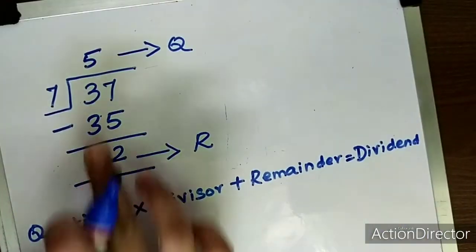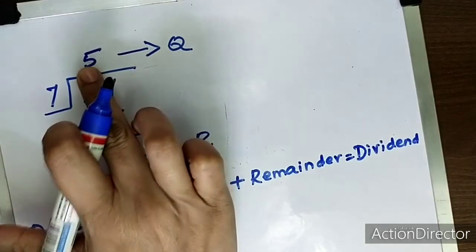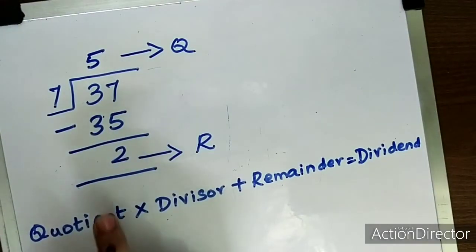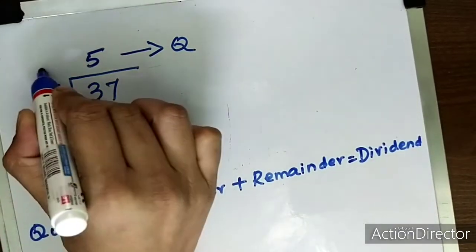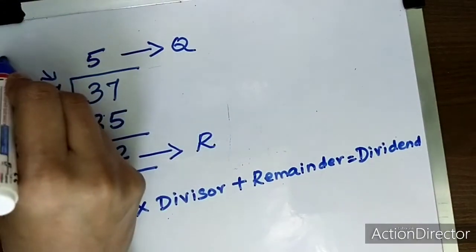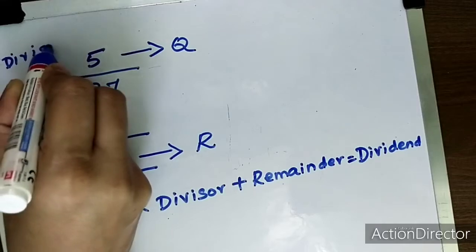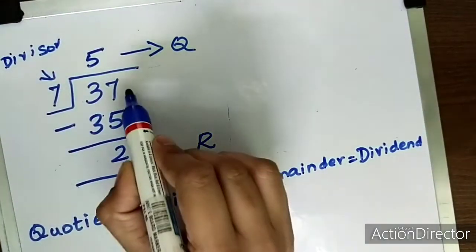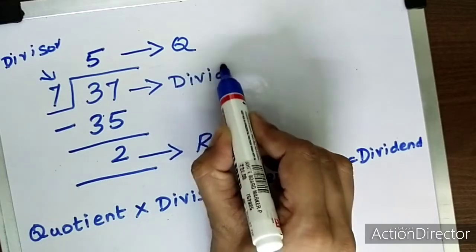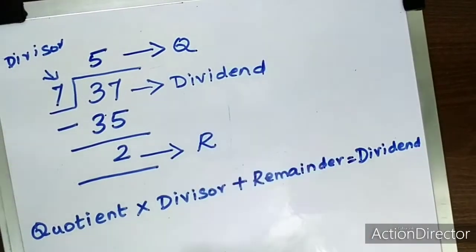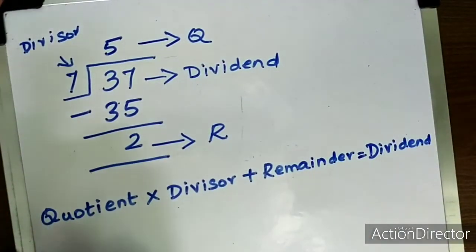Okay, so what is the quotient here? We know 5 is the quotient. And what is the remainder here? 2 is the remainder. What is the divisor? 7 is the divisor and 37 is the dividend. So we all know which is the divisor, the quotient, the remainder and the dividend.